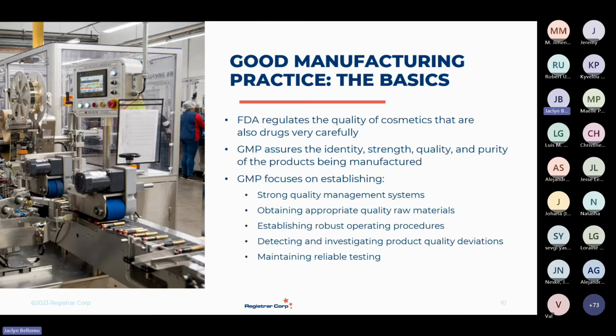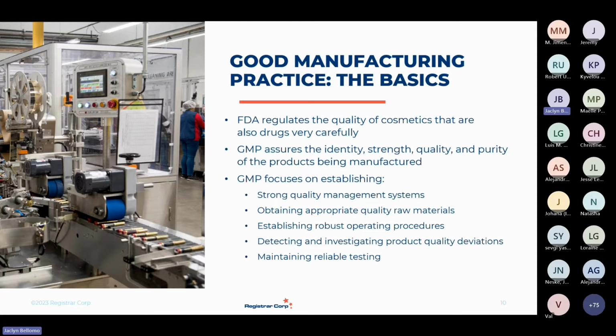Just to give some basics here, good manufacturing practices assures the identity, strength, quality, and purity of the products that are being manufactured. GMPs focus on establishing strong quality management systems, obtaining appropriate quality raw materials, establishing robust operating procedures, detecting and investigating product quality deviations, and then maintaining reliable testing.